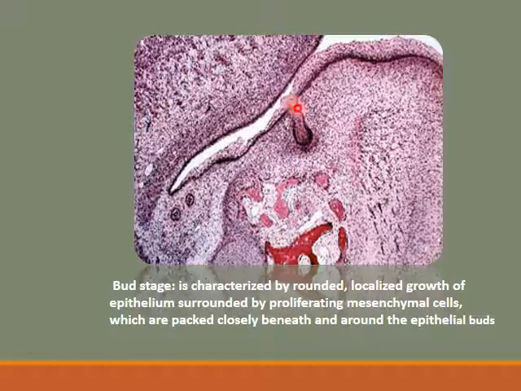Here we have the dental lamina proliferating toward the ectomesenchyme, and the end of the dental lamina represents the enamel organ, which looks like a bud in shape. This is the enamel organ, and this is the condensation of the ectomesenchymal cells here to form the dental papilla and dental sac.